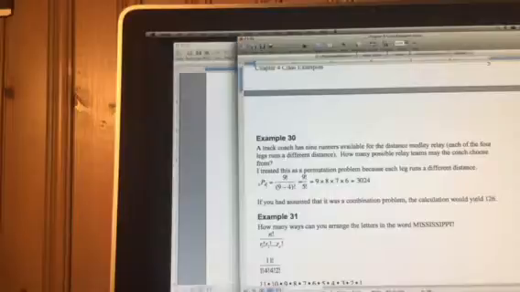We're going to choose 4 of them. It's a permutation problem. Again, could use the boxes. 9 people for the first leg, 8 people for the second, 7 for the third, 6 for the fourth, 3,024 possible different relay teams. If you had assumed it was a combination problem and ran through it like that, you would come up with only 126.